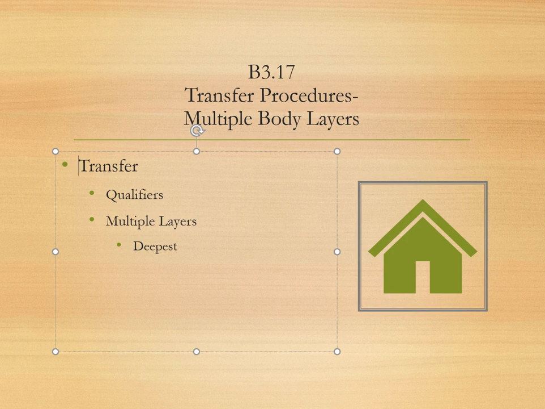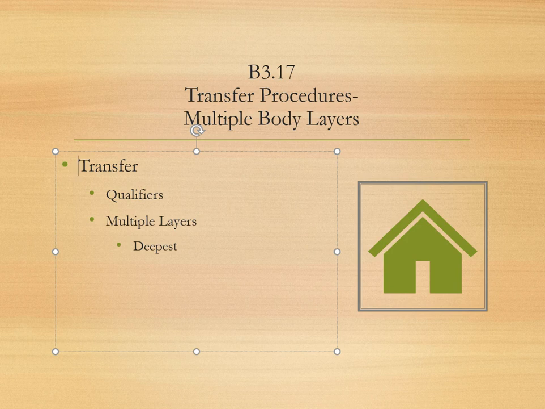So the root operation transfer contains qualifiers that can be used to specify when a transfer flap is composed of more than one tissue layer, such as with a musculocutaneous flap.